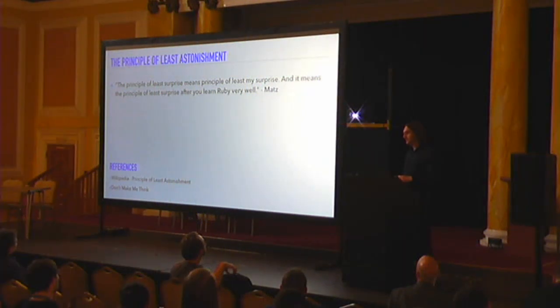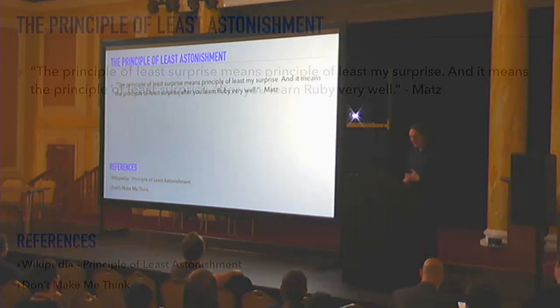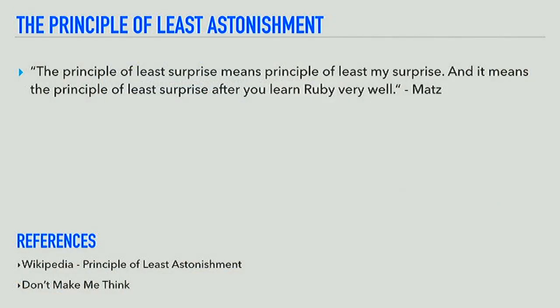Ruby is one of my favorite programming languages, and it is designed according to the principle of least astonishment. And people who start learning Ruby find this quite surprising because they find it unpredictable. And when asked about it, the creator of Ruby, Matz, had this to say. He said, "The principle of least surprise means principle of least my surprise.